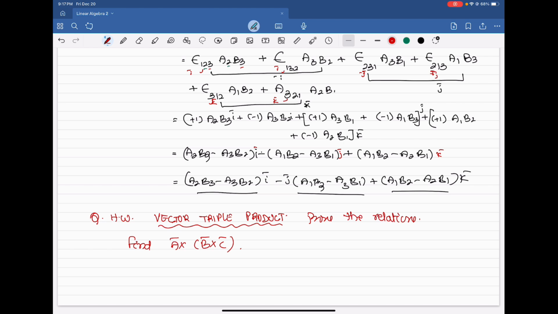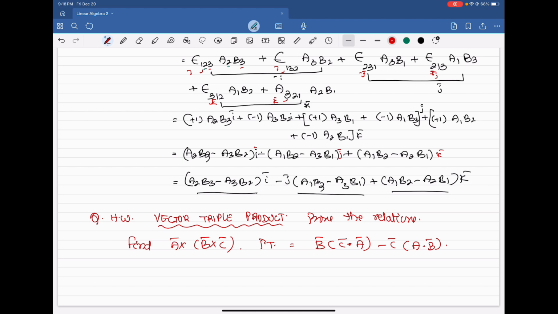Or A cross B cross C is equal to, prove that, that is equal to B into C dot A minus C into A dot B. This relation, if the A, B and C values are interchanged and given the alternatives, people get confused.